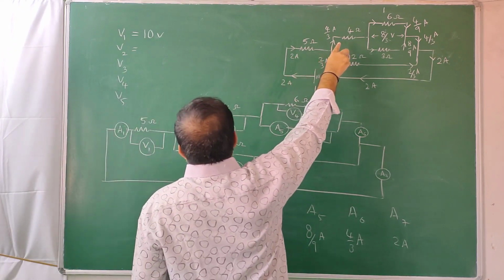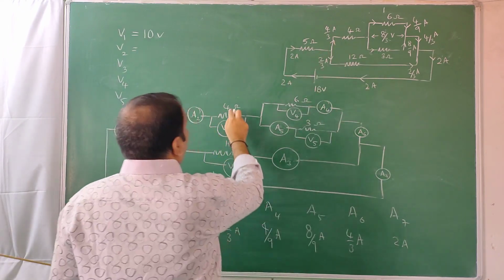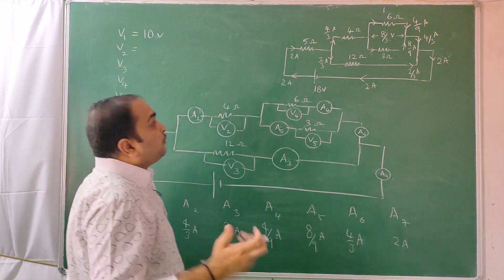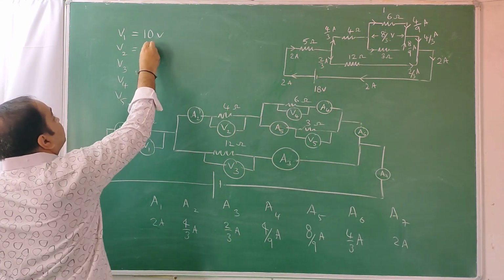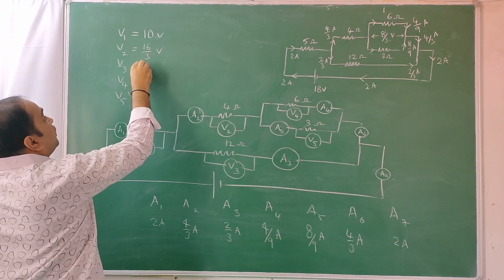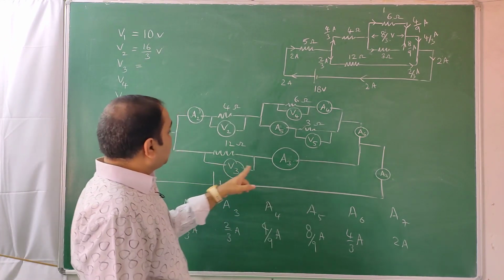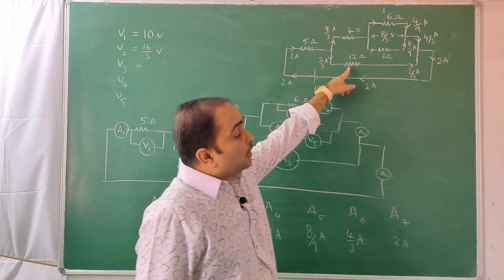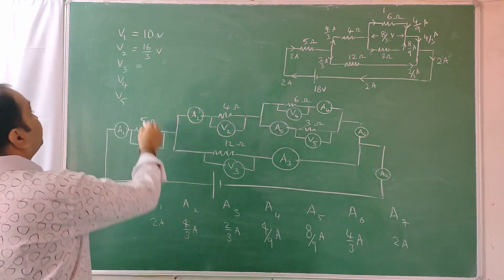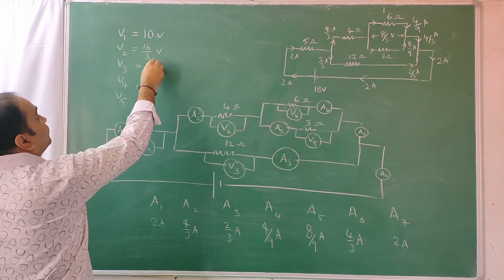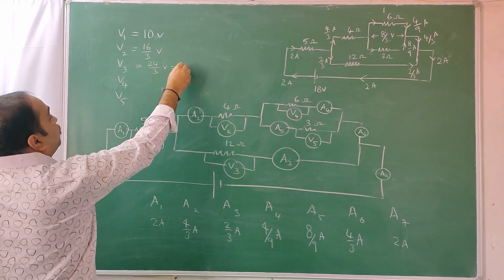And here V2 across 4. We rubbed it, we forgot, but even now you can get it. 4 4s are 16 by 3 volts. V3 across this, we rubbed off, but okay. 2 into 12, 24 by 3, that is 8 volts.